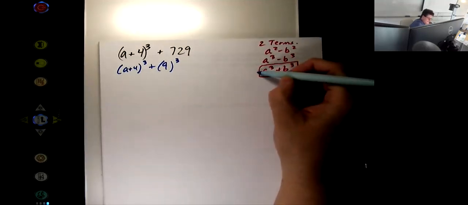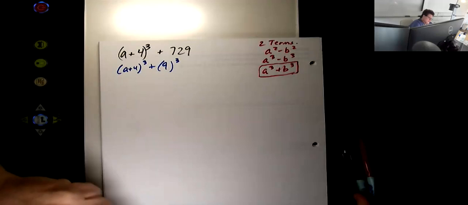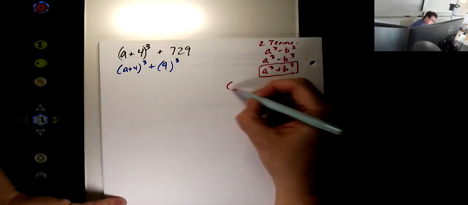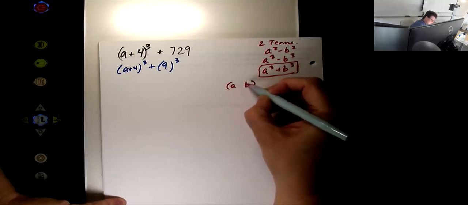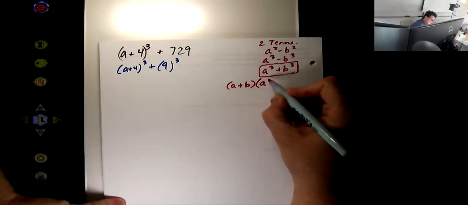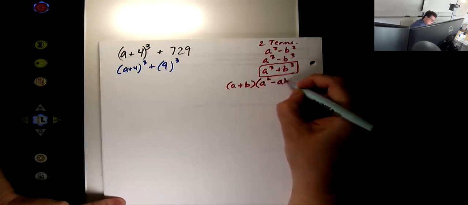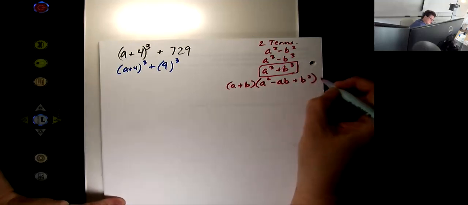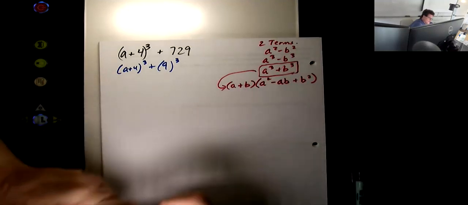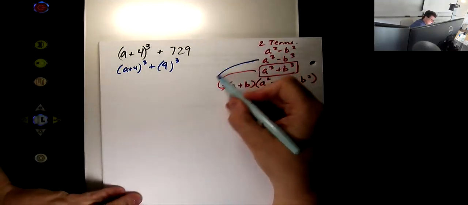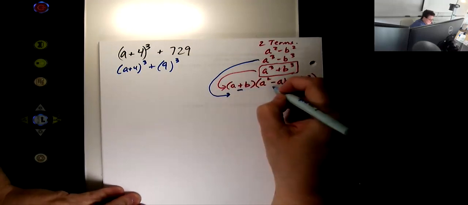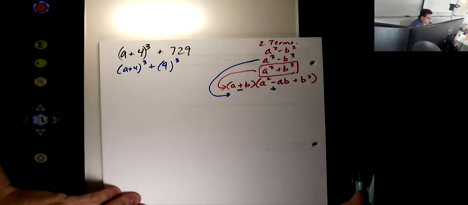The formula for a cubed plus b cubed is very similar to the minus one. We do a plus b in the first one, and then we have a squared minus ab plus b squared. The one with the minus has the exact same thing, except this is a minus sign and that's a plus sign, and everything else is the same.